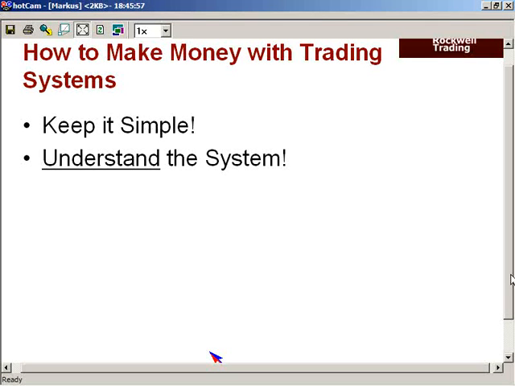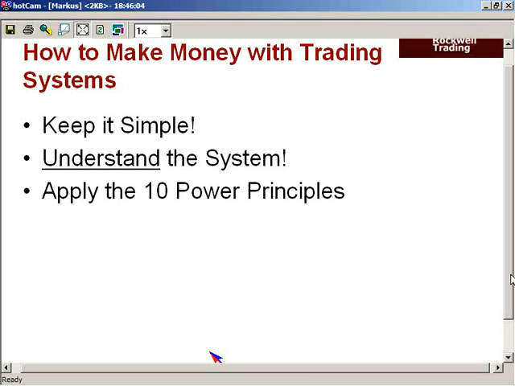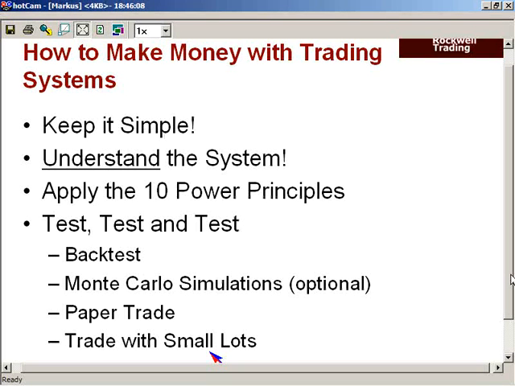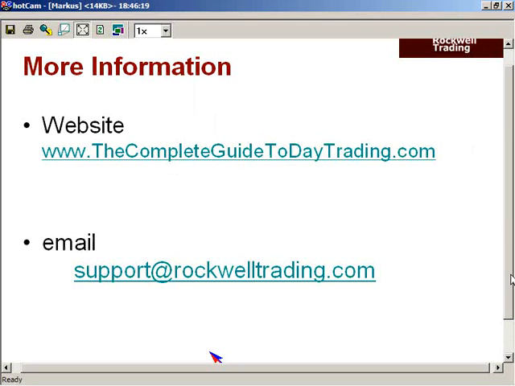What is a MACD? I talked about this in the last premium session. MACD is moving average convergence divergence. So you need to know what an indicator is measuring. Apply the 10 power principles that you have learned today and test, test, and test. Backtest, use Monte Carlo simulations, paper trade, and start trading with small lots.